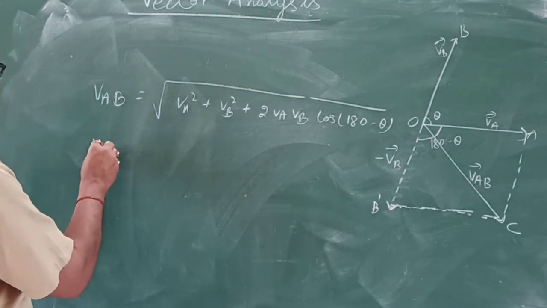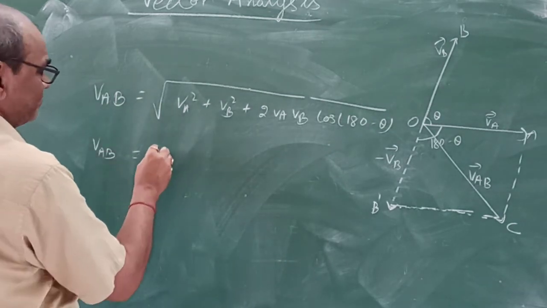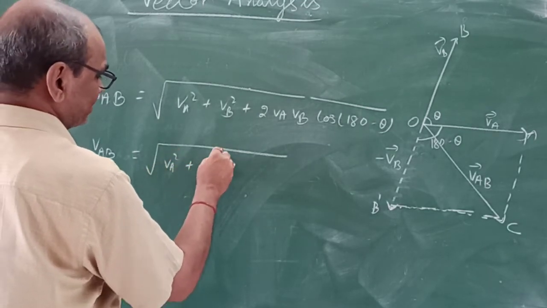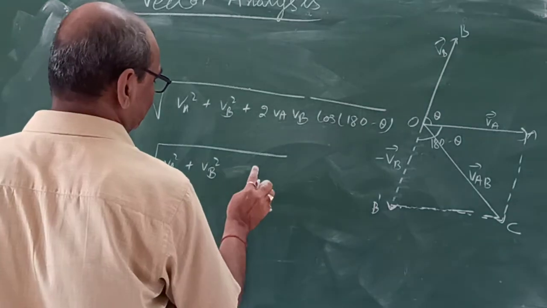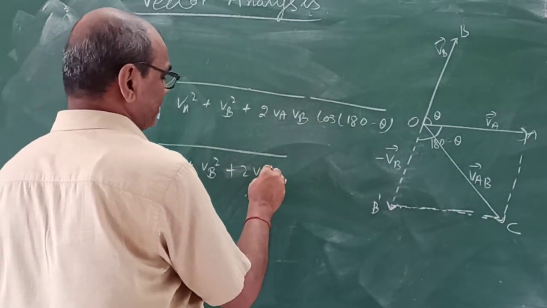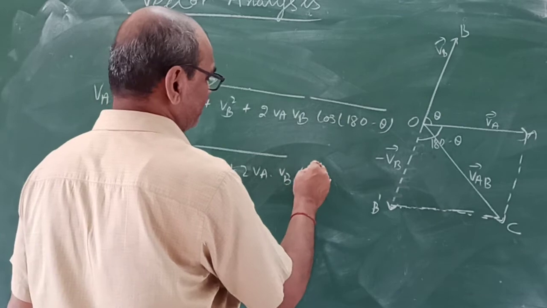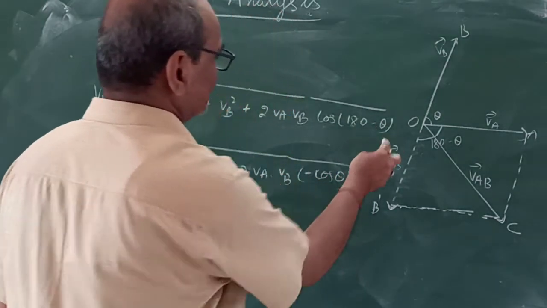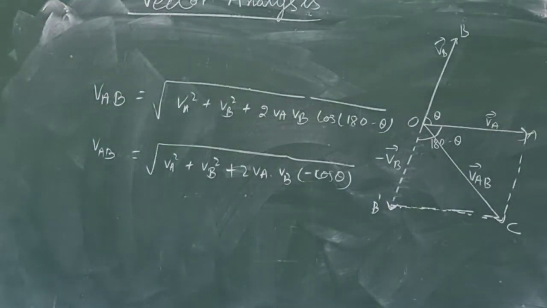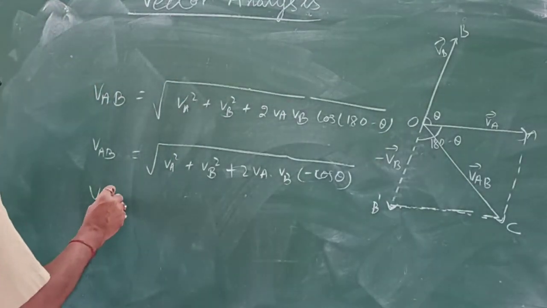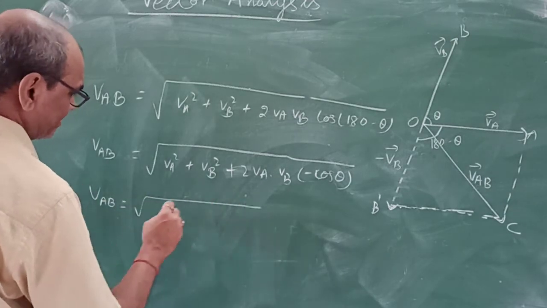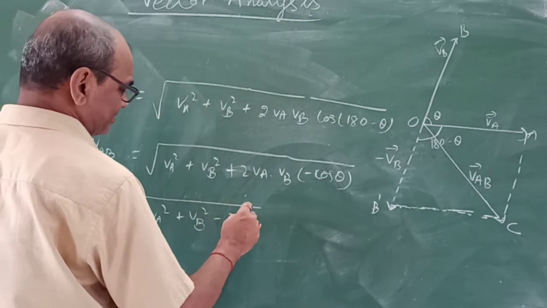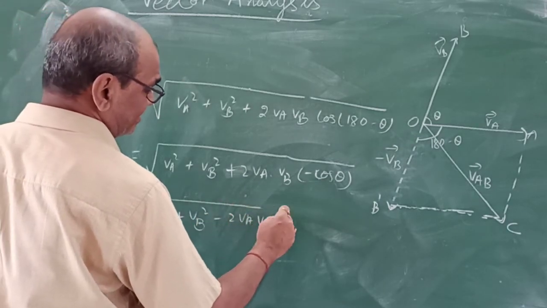Therefore, the magnitude of relative velocity VAB is equal to root under VA square plus VB square minus 2 VA VB cos theta.